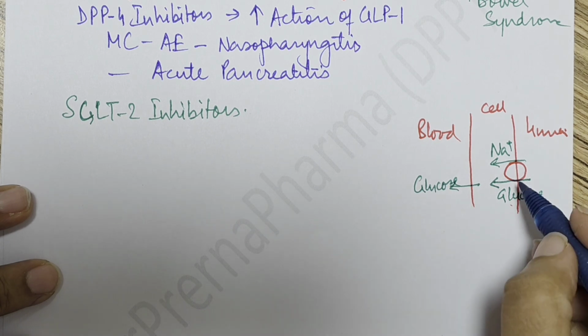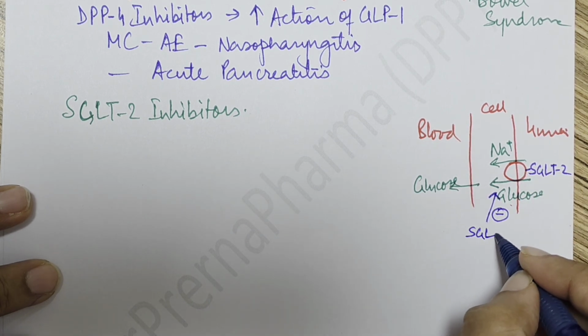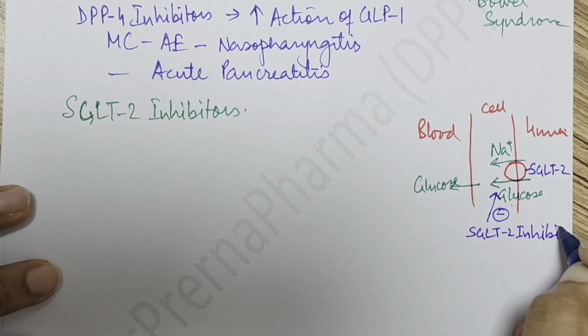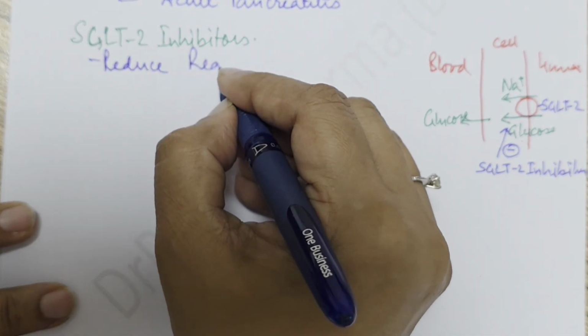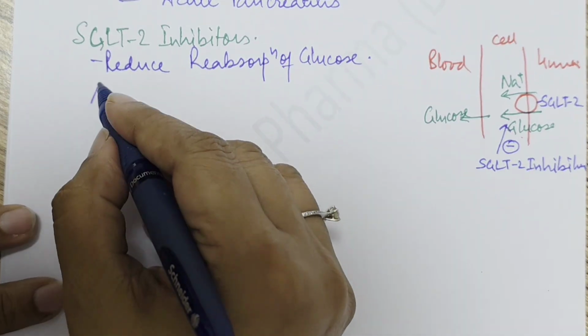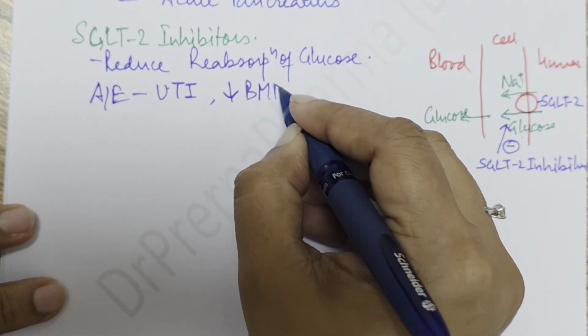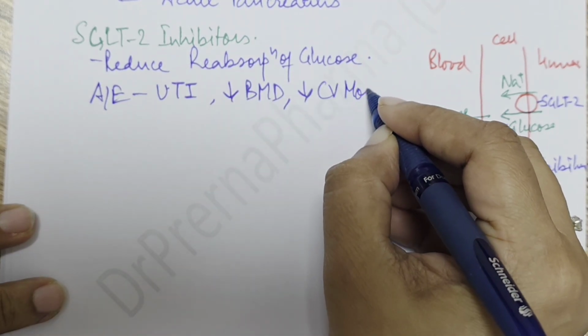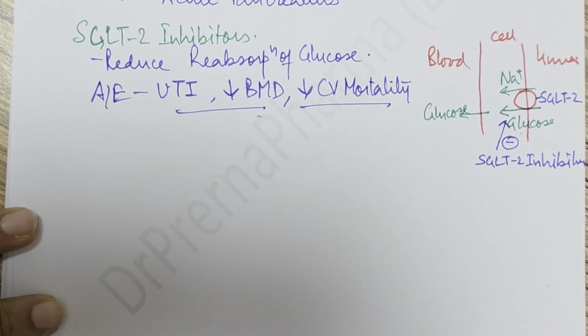So इसको SGLT2 inhibitors inhibit करेंगे, right? So they reduce the reabsorption of glucose, right? What are the adverse effects? They cause UTI. They also reduce the bone mineral density, and they also reduce the cardiovascular mortality. So this is a good effect, but these two are adverse effects.